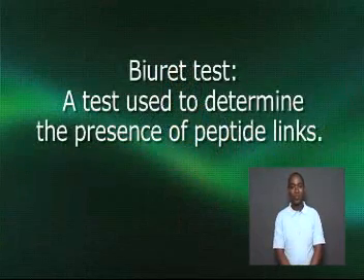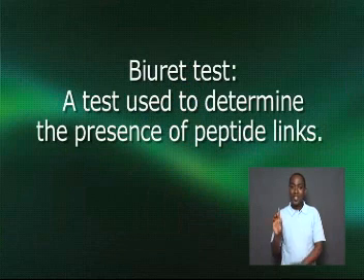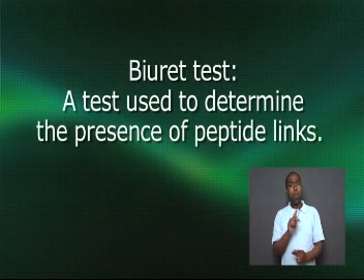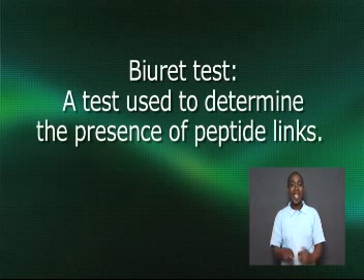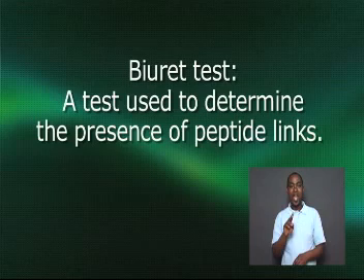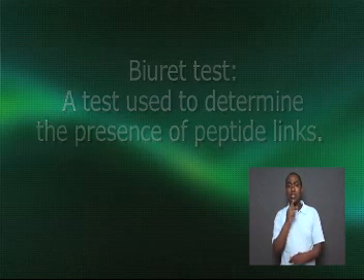The Biuret test is a chemical test that is used to detect the presence of peptide links. This test can determine the concentration of proteins in a substance because peptide links occur in the proteins per amino acid in the peptide.